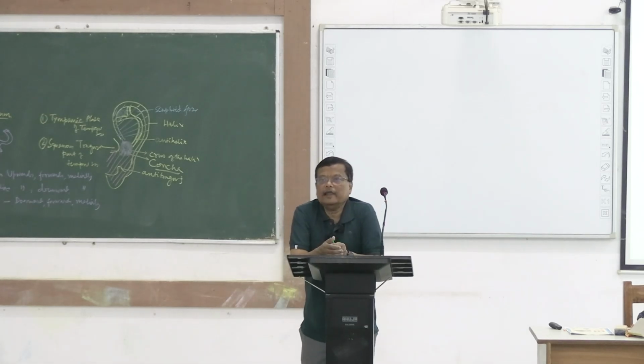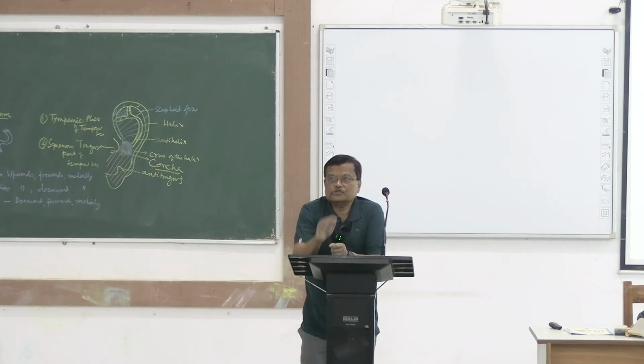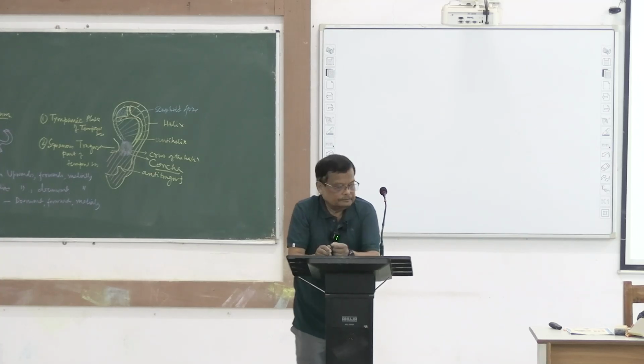Tympanic membrane is a trilaminar membrane. Outside there is a cuticular layer, meaning skin, a middle fibrous layer, and on the inner side mucous membrane. It is oval in shape.